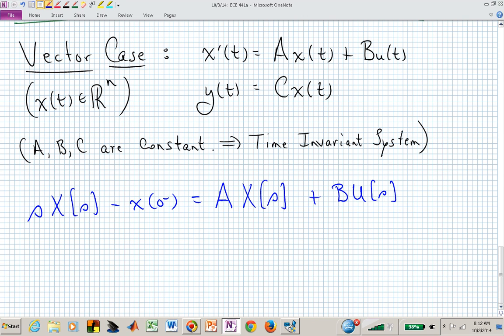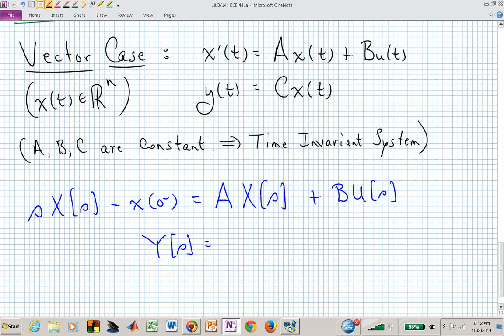We could then Laplace transform the output equation, which doesn't have dynamics. This is just a linear relationship between the state variables x and the output y, and you can think of y as how your sensors might be combining the state variables to create an output signal.